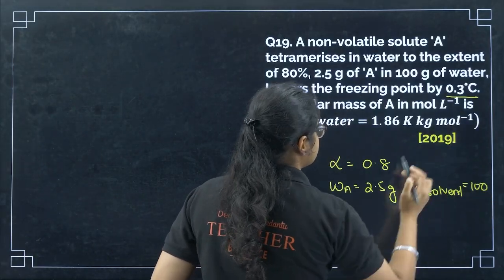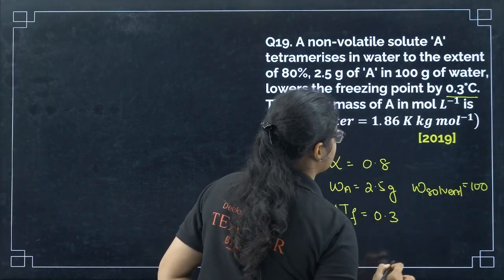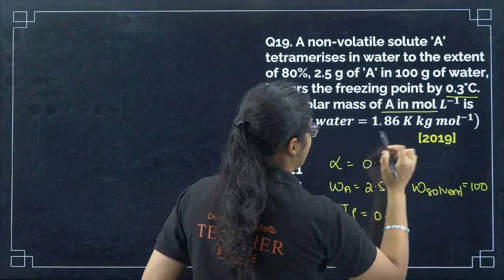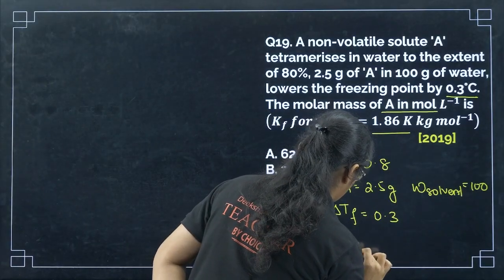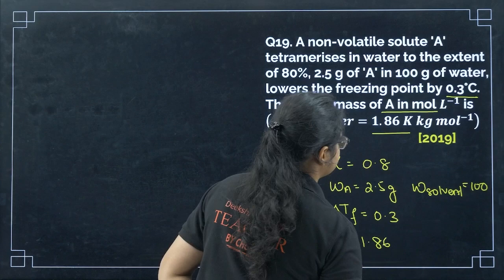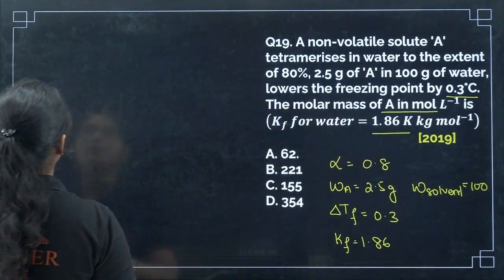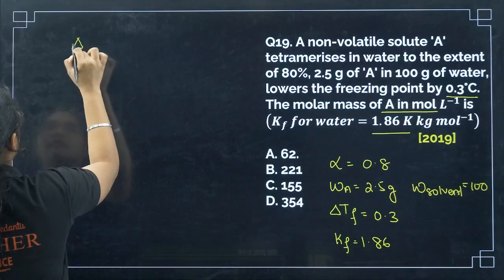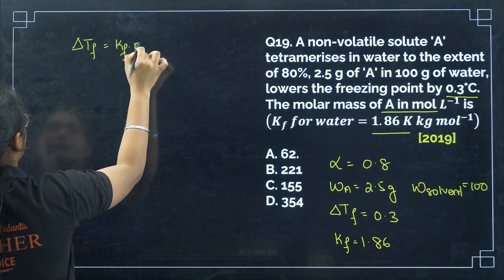The freezing point decreases, so delta Tf is equal to 0.3. Okay, the molar mass of A you have to calculate and the Kf value is given to you as 1.86. Okay, so we have the formula delta Tf is equal to Kf into m into i.